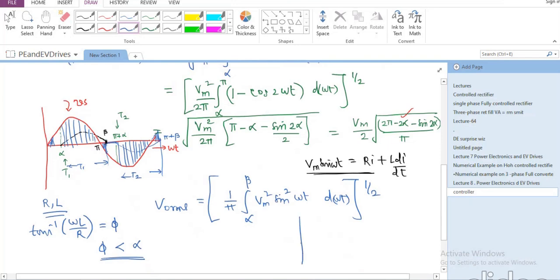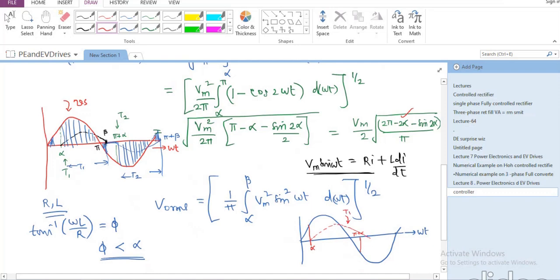So for example, this is the sinusoidal input voltage, and I'm assuming that I give a firing angle of alpha here. But I have a highly inductive load. What will happen is, even if I start my current from here, it will probably continue beyond pi plus alpha also, which means T1 will keep conducting until this point.